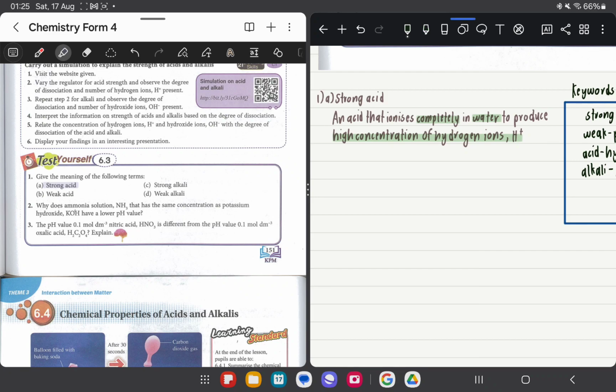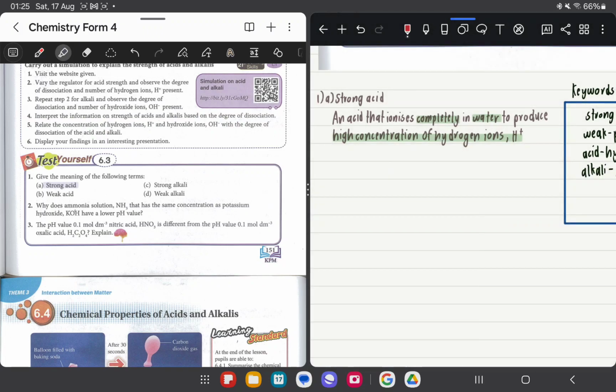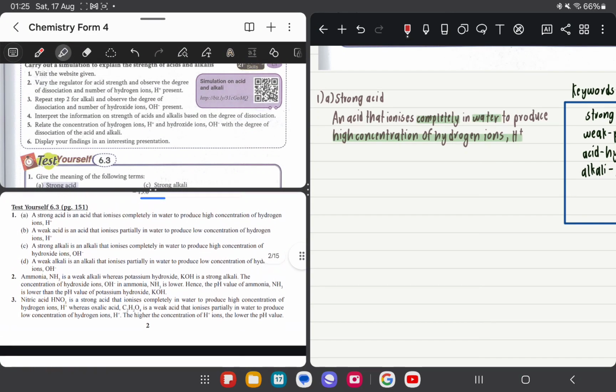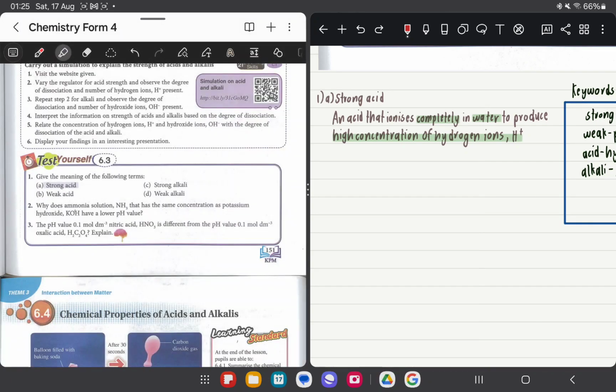If everything is there, then if I'm the marker, let me show you how the answer scheme looks like. A strong acid is an acid that ionizes completely in water to produce high concentration of hydrogen ions. Correct, exactly the same. So every single thing is there, I'll give the 1 mark to you. To get 1 mark is very challenging, it requires dedication and perfection in your answer. So the answer should be perfect.